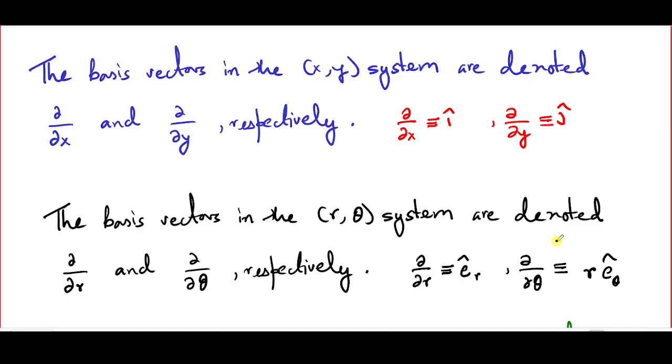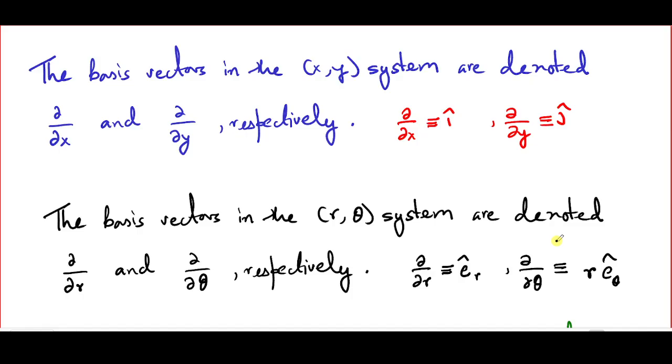Whereas when you change through delta theta and keeping r fixed, you are actually moving in a circle of radius r through an angular shift of delta theta. So the actual amount you move is not really delta theta, it's r times delta theta. So displacement which is in the direction of e theta is actually r times delta theta e theta. Per unit delta theta you get r e theta. That's what del theta actually stands for.